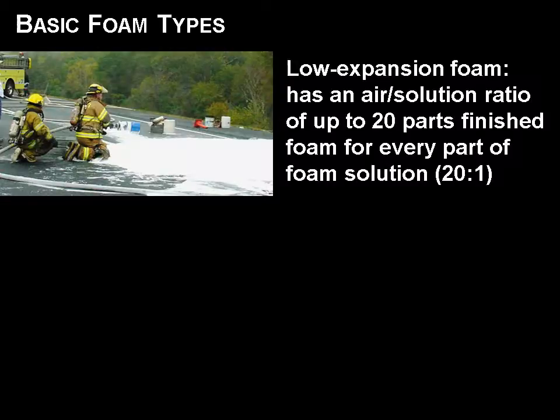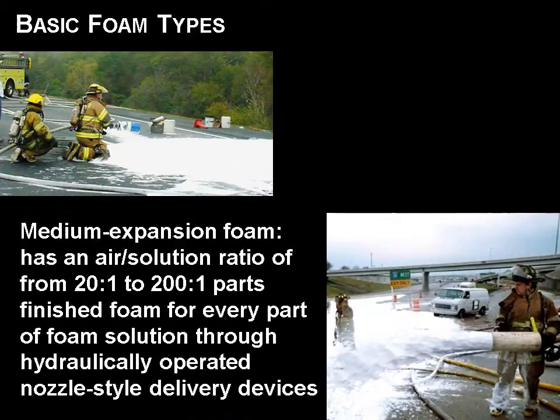Basic foam classifications: low expansion foam has an air solution ratio of up to 20 parts finished foam for every part of foam solution. So it's a 20-to-1 ratio. Medium expansion foam has an air solution ratio of 20 to 1 to 200 to 1, parts finished foam for every part of solution, through hydraulically operated nozzle style delivering devices.